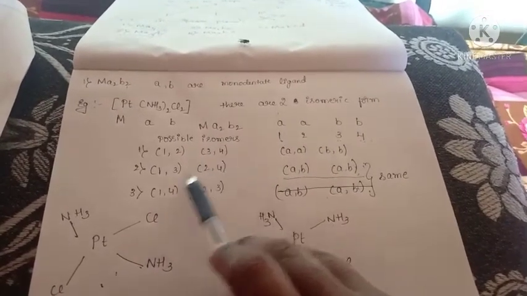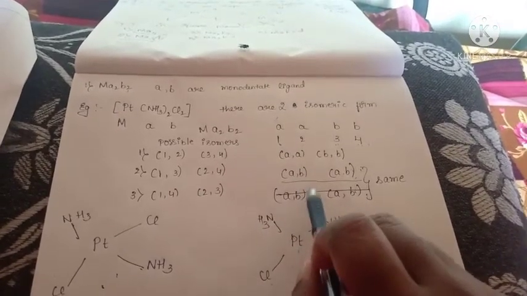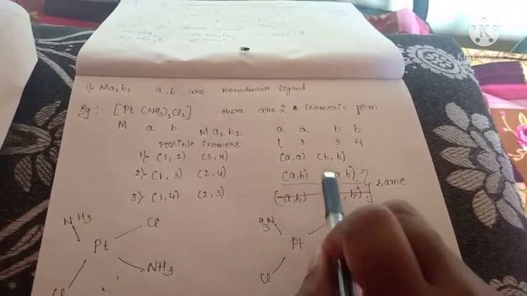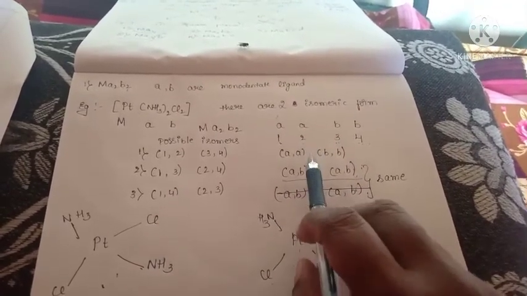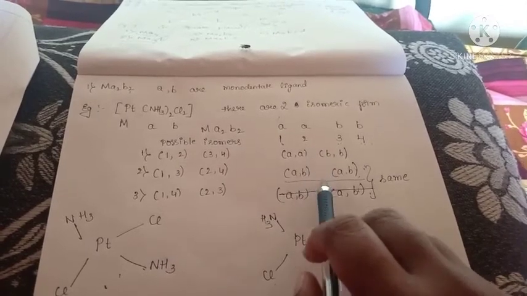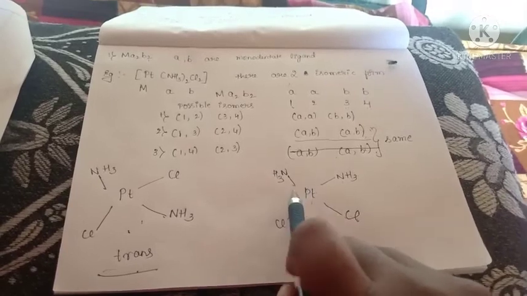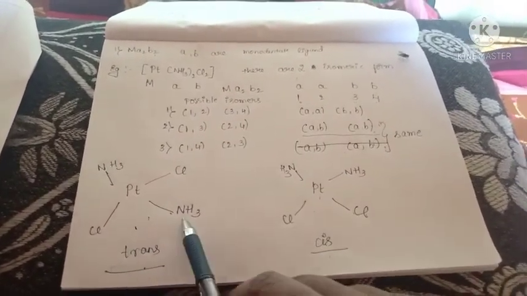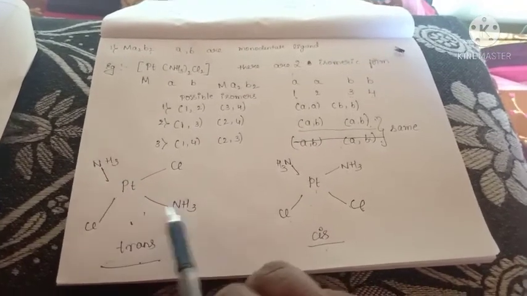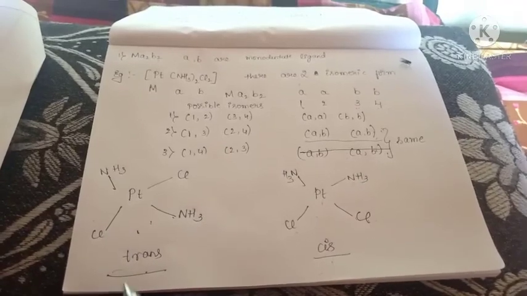One possibility is like this, another is like this, the last one is like this. The last 2 are the same, so we will consider them as 1. So it exhibits 2 isomeric forms, cis and trans isomer. Cis means the same ligands are on the same side. Trans means the same ligands are on the opposite side. That is called the trans isomer.